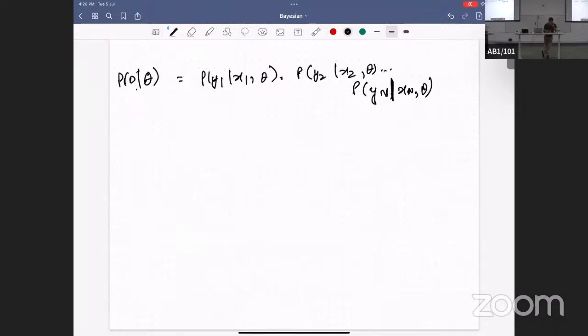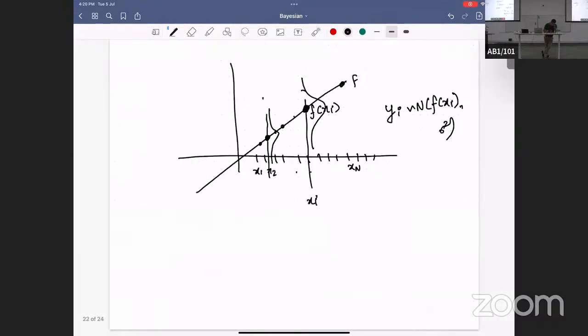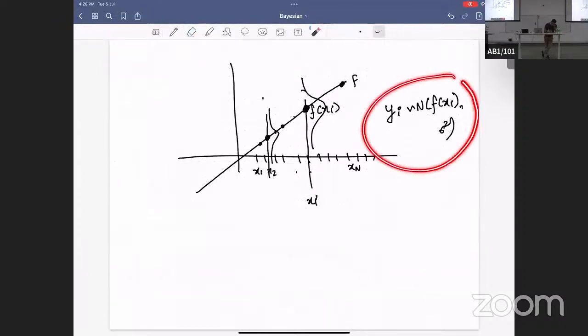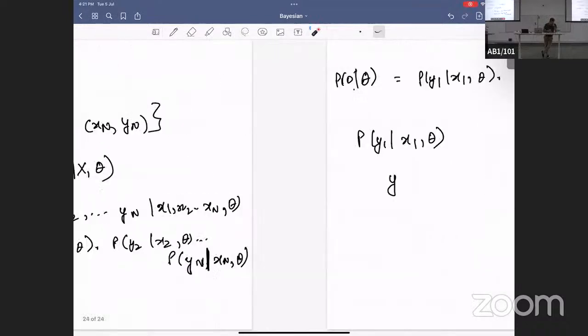Right? Now let's just simplify the question. What is P of y1 given x1 and theta, right? So firstly, we've seen this: yi is normally distributed with mean f of x of i, and the variance is sigma squared.